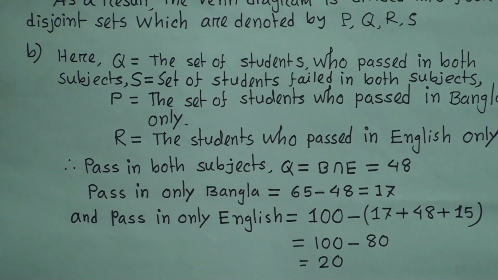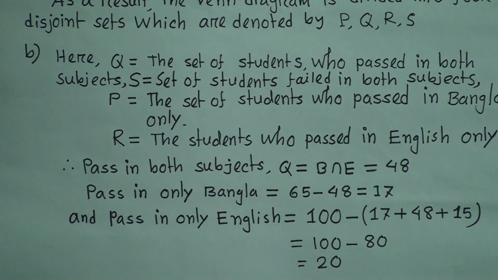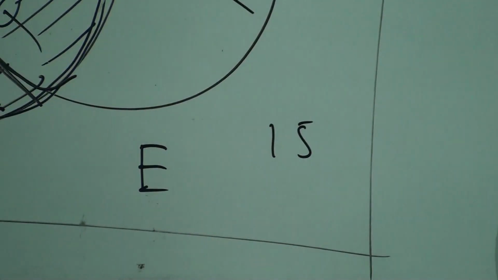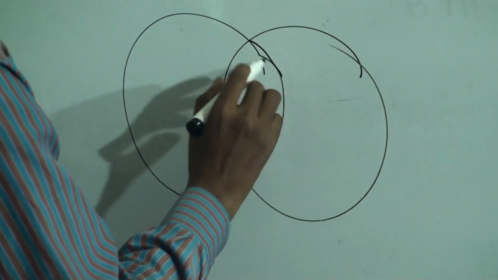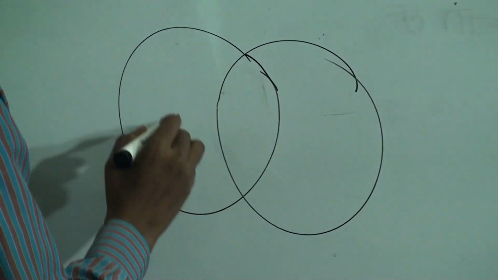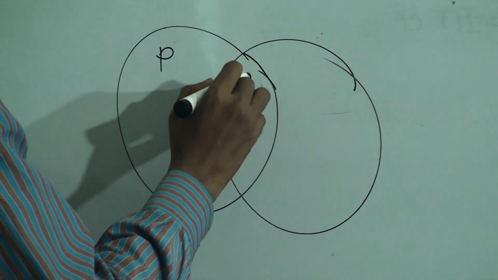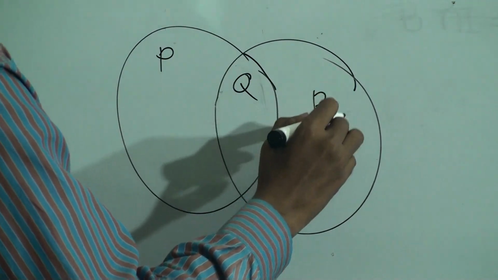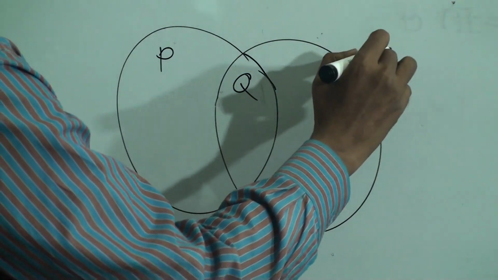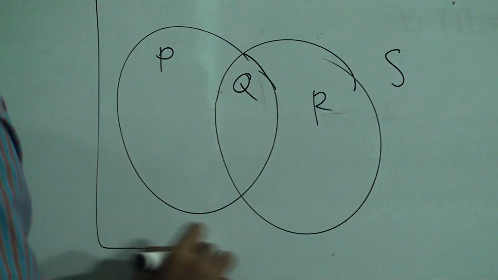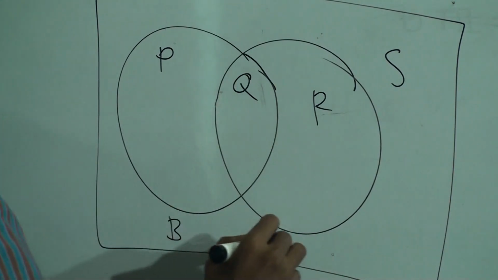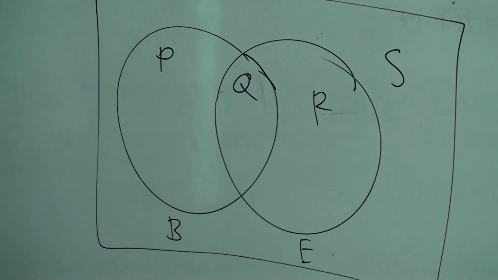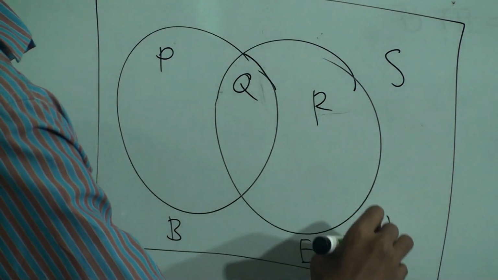Now I will show you pass in only English. Okay, please students look. This is P, Q, R, S. Please look carefully.